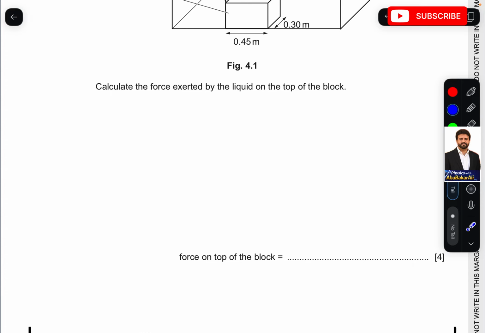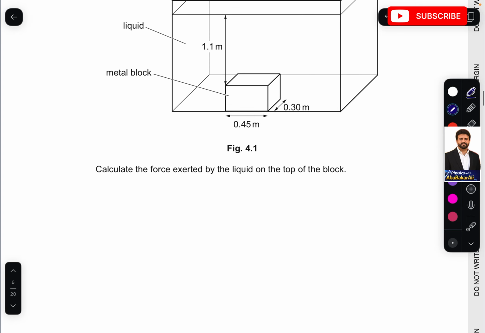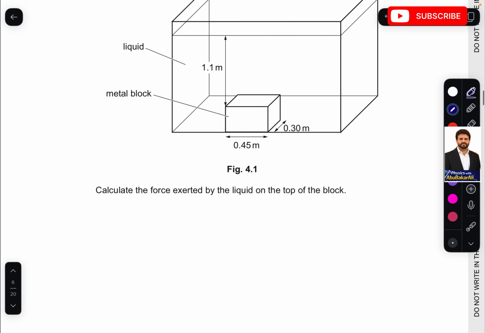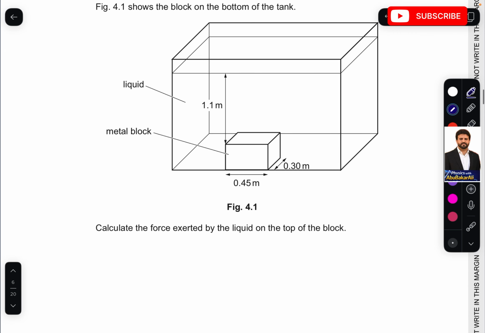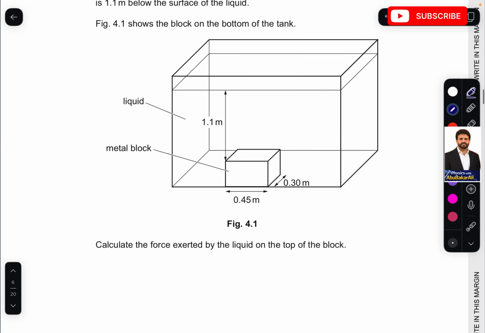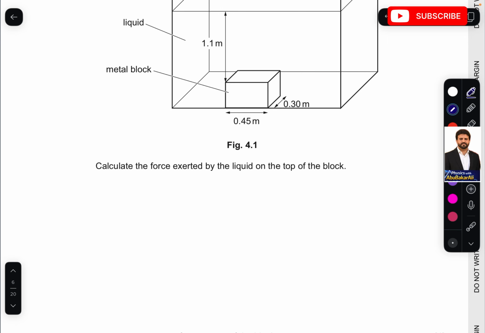In most of the 4-mark questions, you have to use two different formulas. Okay. So if I have to find the force, why is there a force? The force is because of the liquid on the block. So we know when something is placed in a liquid, the liquid exerts a pressure on it. So I know one relation, pressure for the liquid equals rho g h.